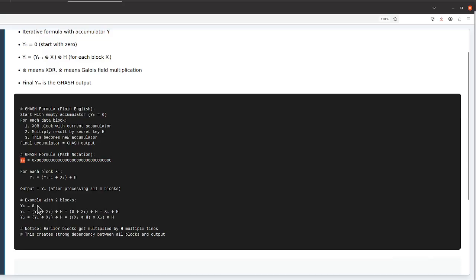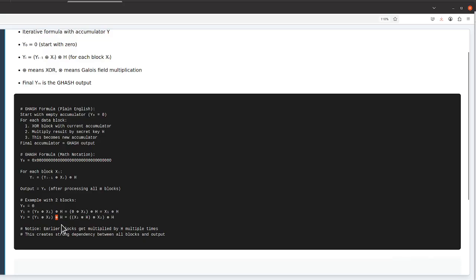For each block xi, where i is just a number like 1, 2, 3, we compute yi equals yi minus 1 XOR xi, then multiply by H. The XOR operation is shown with a special plus sign in a circle. The Galois multiplication is shown with a different symbol, a dot in a circle.